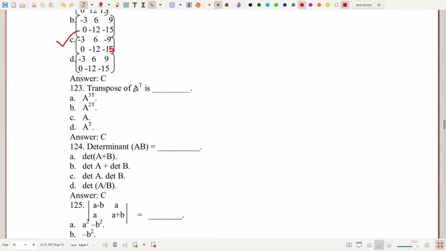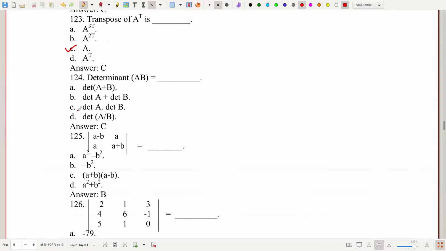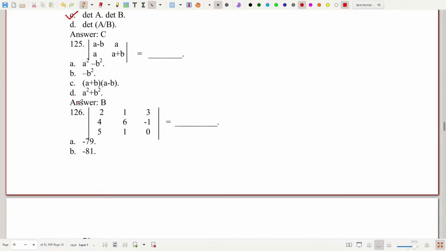Transpose of A transpose is obviously the matrix itself. Determinant of AB is equal to the determinant of A into determinant of B. Next question, A minus B, A plus B is equal to, if we consider the multiplication, then we are getting that one as minus B square.